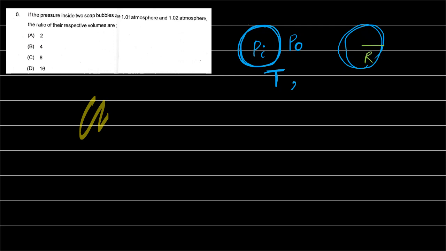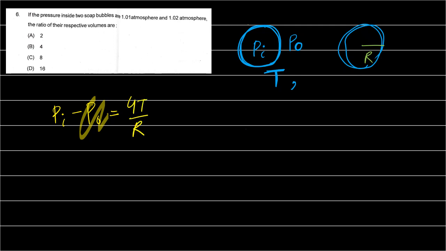What is that relation? Pi minus P0 is equal to 4T upon R.